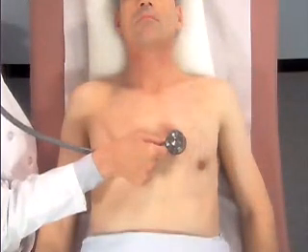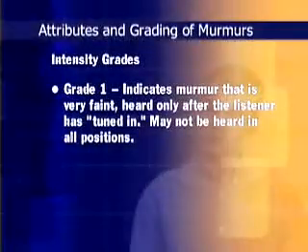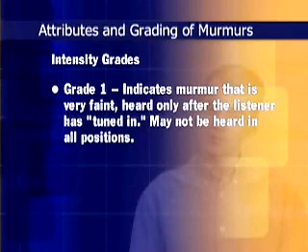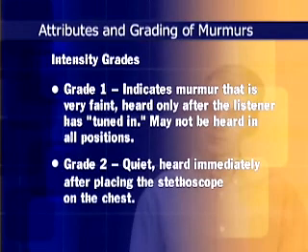Using the 6-point scale, grade 1 indicates a murmur that is very faint and heard only after the listener has tuned in. It may not be heard in all positions. A grade 2 murmur is quiet, but heard immediately after placing the stethoscope on the chest.